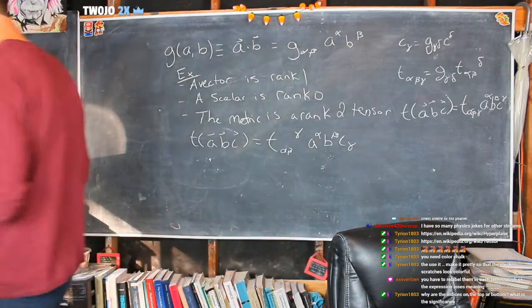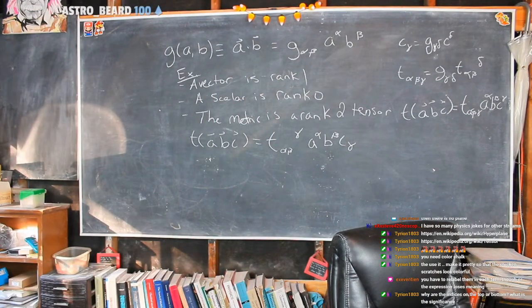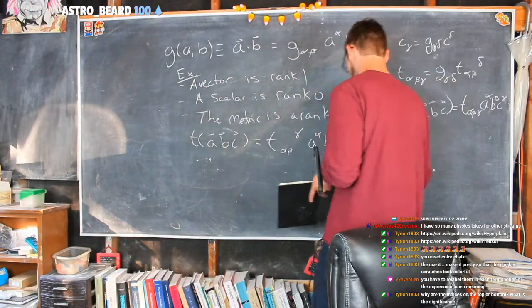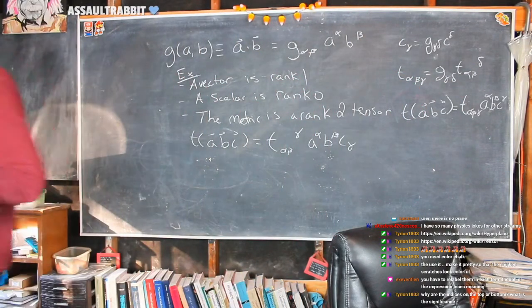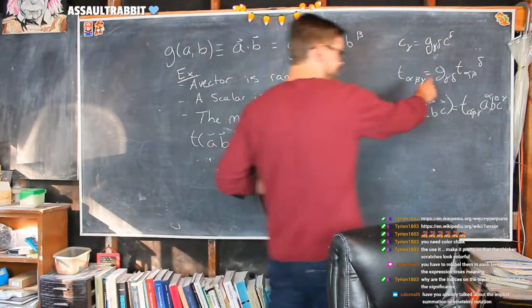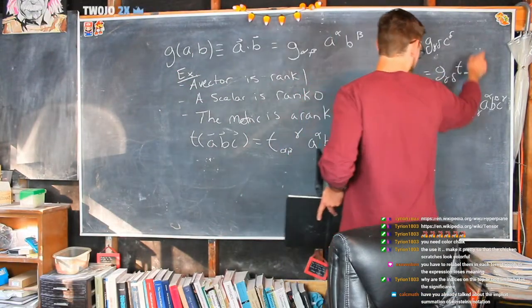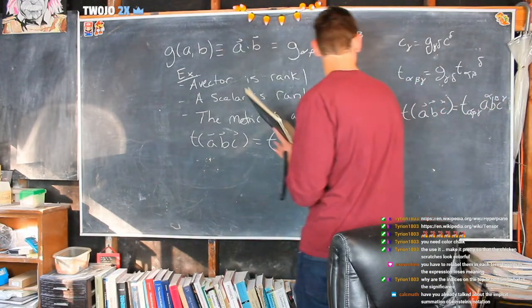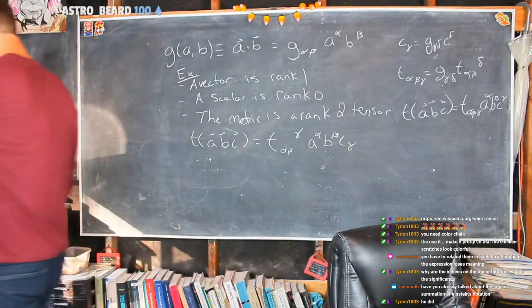And now they're all raised, and we don't have to worry about that last tensor. We reestablish this as now the metric times the original tensor. This is a change. We are mapping this metric tensor onto this tensor, the 2 onto the 3, to change it into a different third rank tensor.